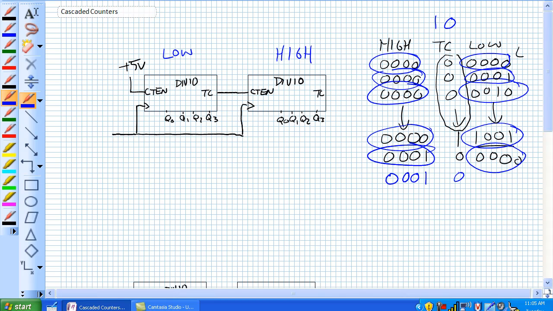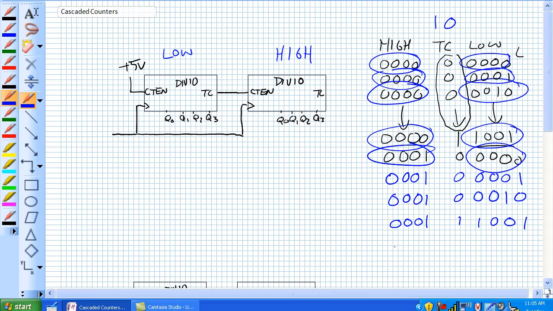1, 1, 1, 2, up to 1, 9. Terminal count has reached its maximum.